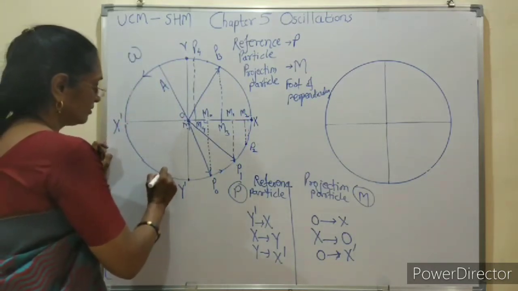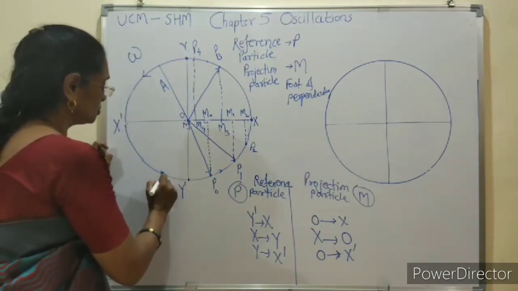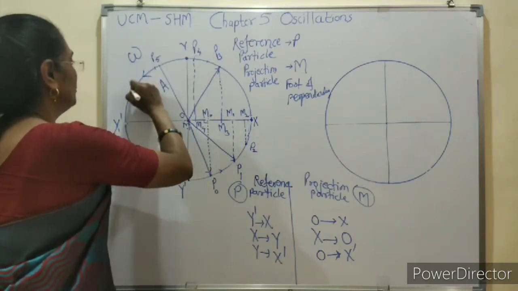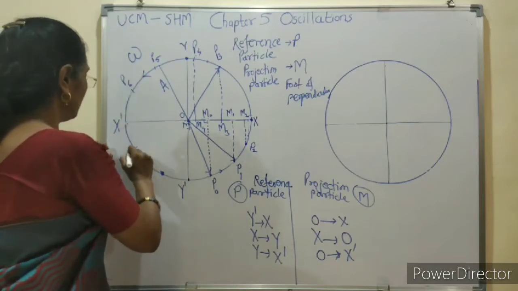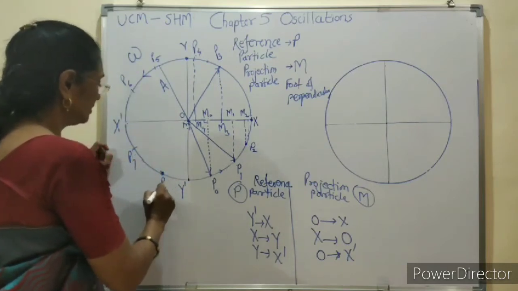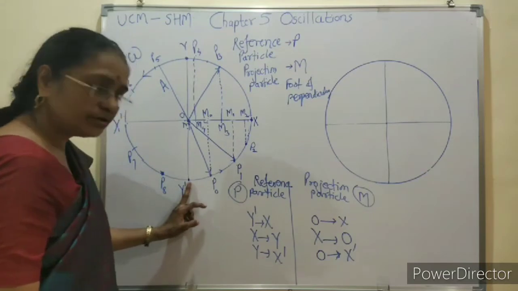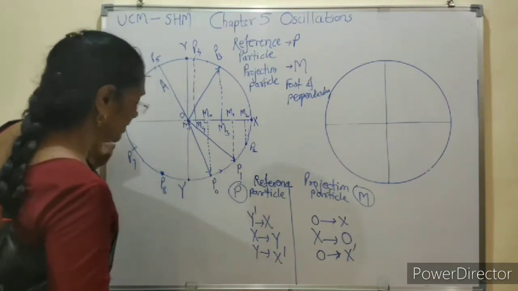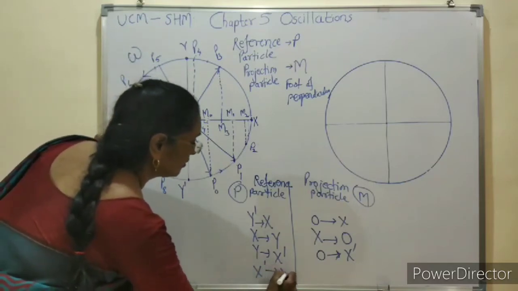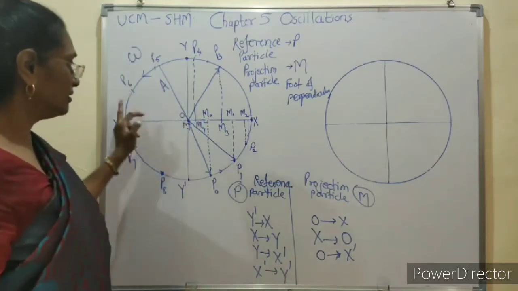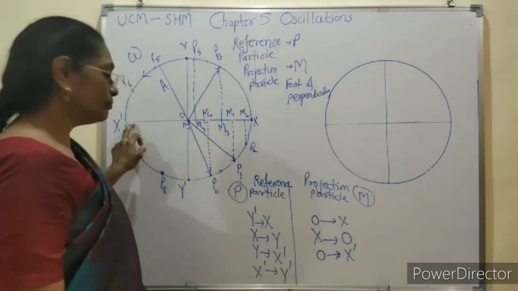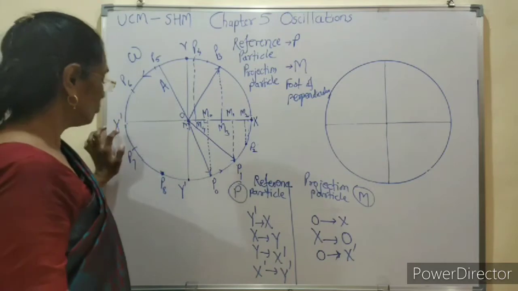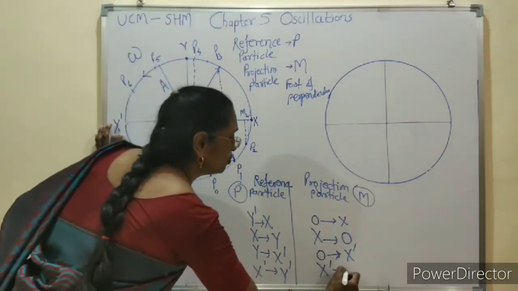And here suppose we show some positions, say P2, P4, P5, P6, P7, P8, like this, and then finally it reaches y dash from x dash. Then the particle M, the foot of the perpendicular, appears to move from x dash to O.